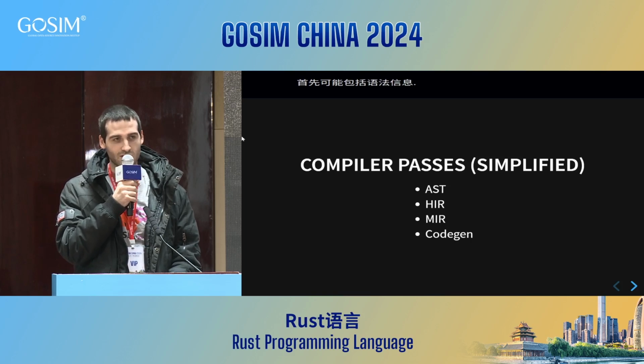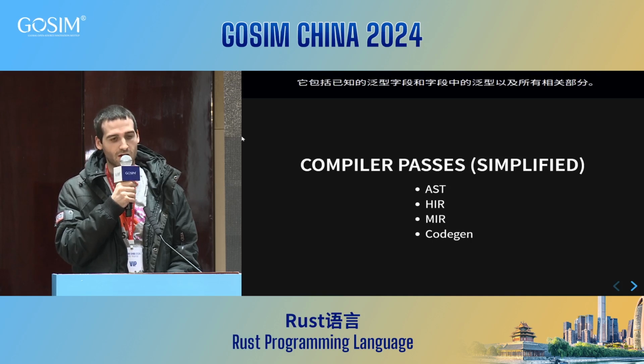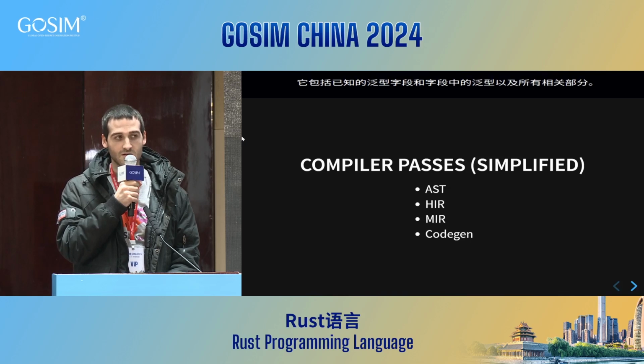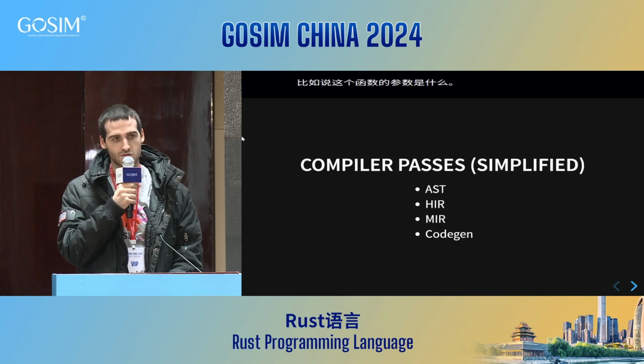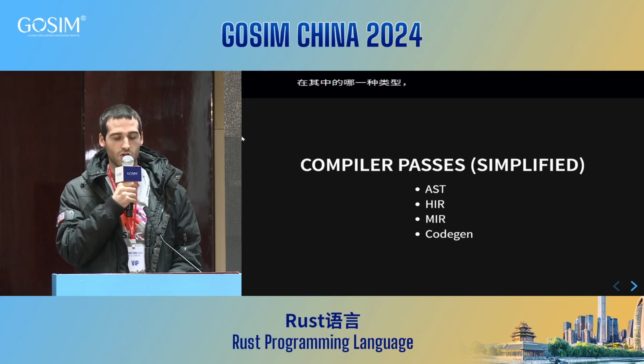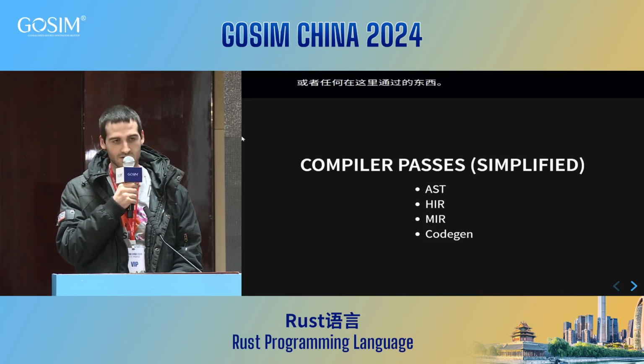But you don't have type information. You don't know, for example, the argument of this function, which type it is exactly or anything. That comes in the HIR pass. That's starting to add type information, and that allows you to get, for example, on which type this implementation block is, things like that.